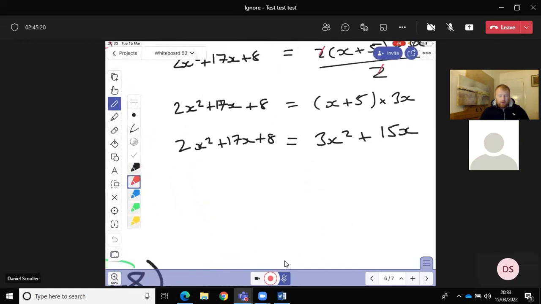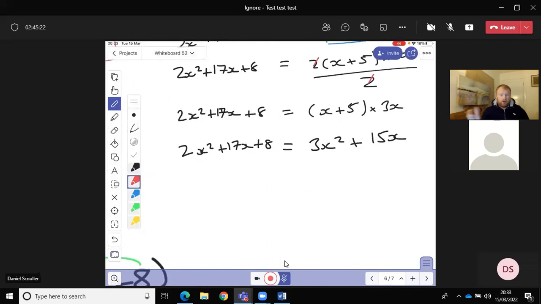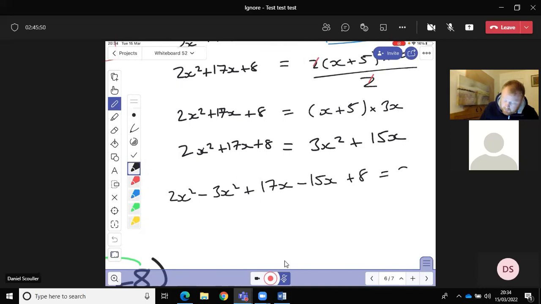So we've got to this point, and we want to collect it all on the left hand side. If I bring everything on the right hand side over to the left hand side, I'm going to get 2x squared minus 3x squared plus 17x minus 15x plus 8 is equal to 0.